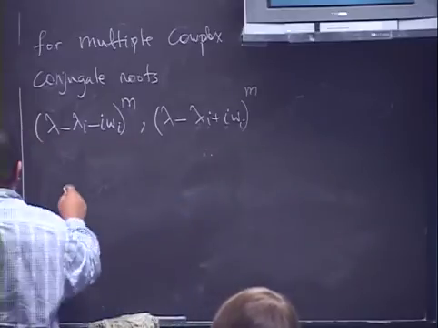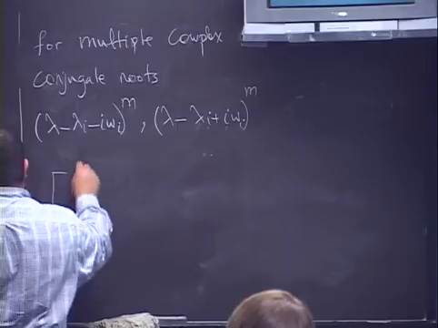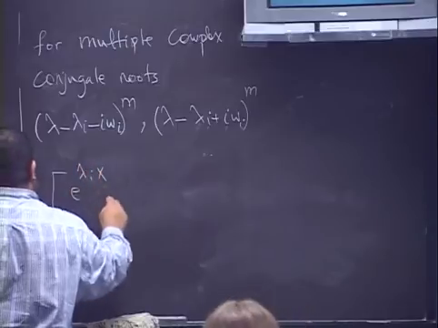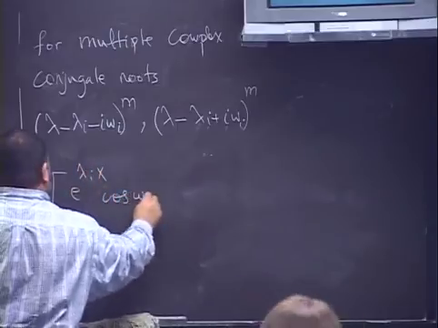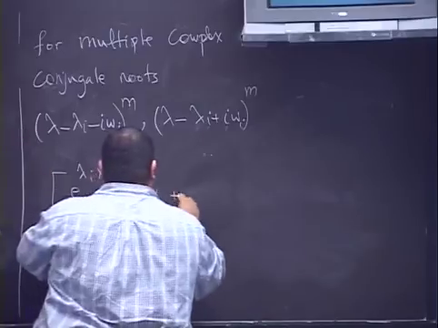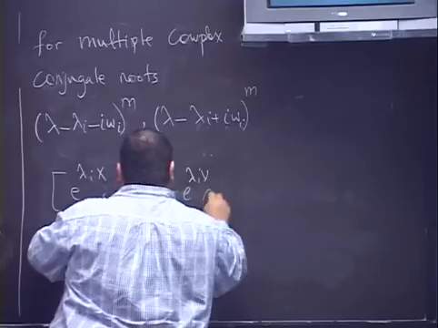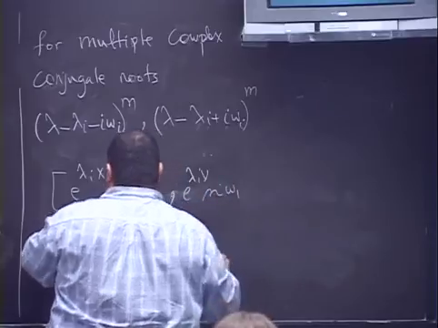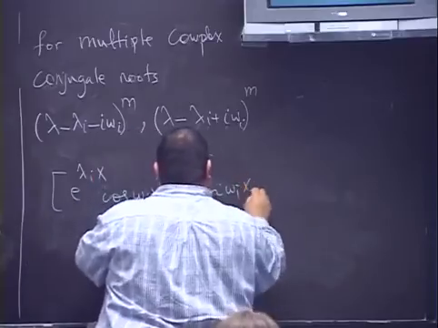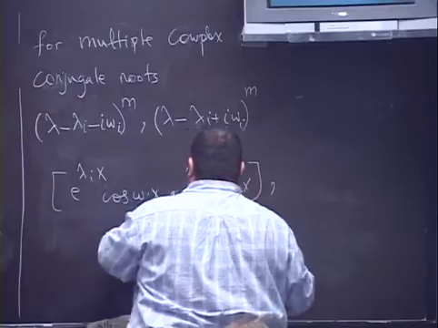The independent solutions will be e to the power of lambda_i x multiplied by cosine omega_i x, and e to the power of lambda_i x sine omega_i x.